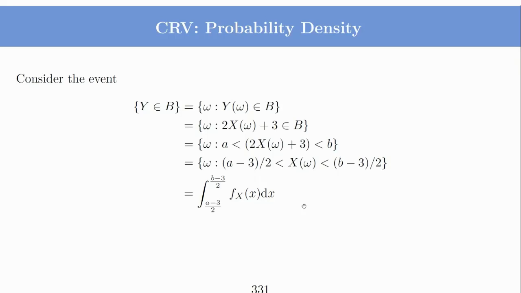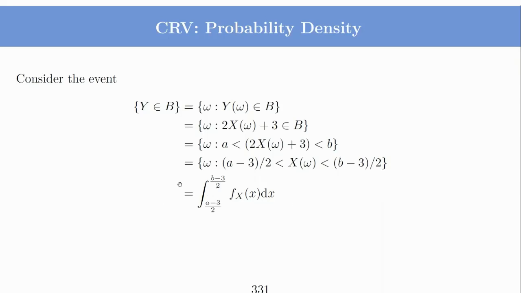So in this case, I am interested in the probability that X(omega) is between (a minus 3)/2 and (b minus 3)/2. That probability should be equal to the integration of the density from (a minus 3)/2 to (b minus 3)/2. There is a typo here.